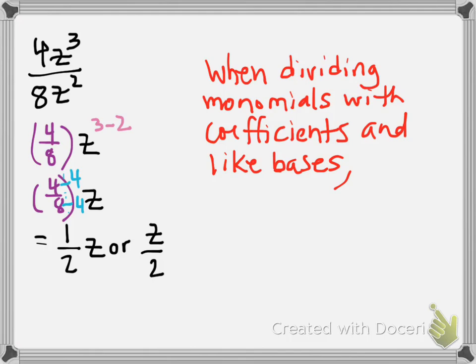Okay, Justin? Now, were we able to divide every time? Okay. So what we're going to do is add both of those. So we're going to divide, or, and I might use the word reduce, the coefficients, depends on the situation.